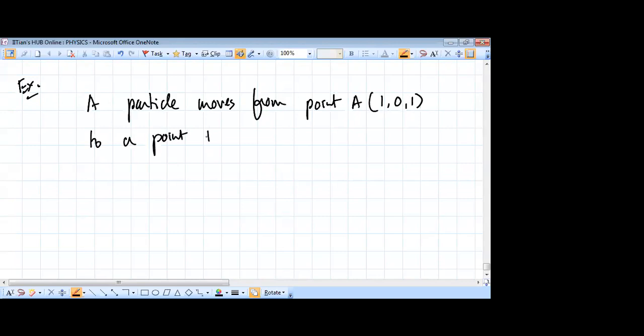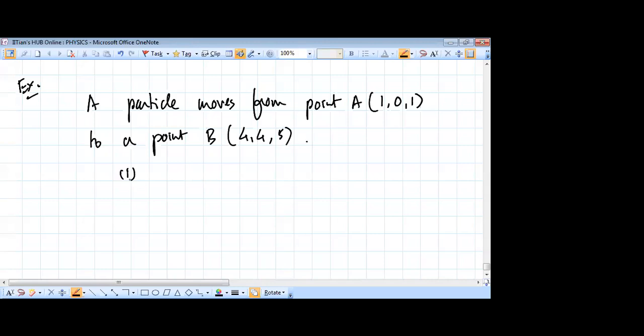If a particle moves from point A, which is given by, let us say, 1, 0, 1 to a point B, it is, let's say, 4, 4, comma 5.